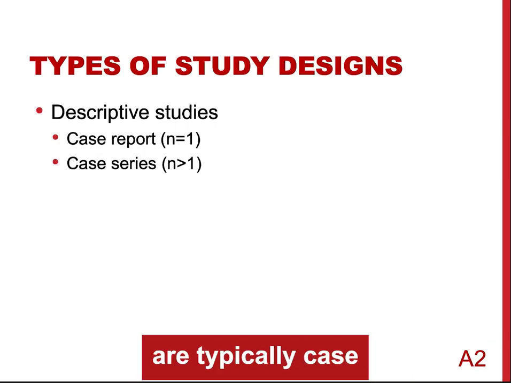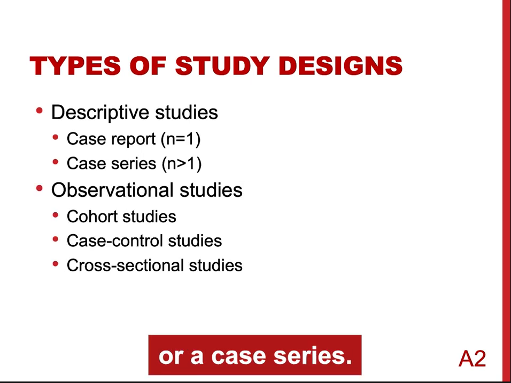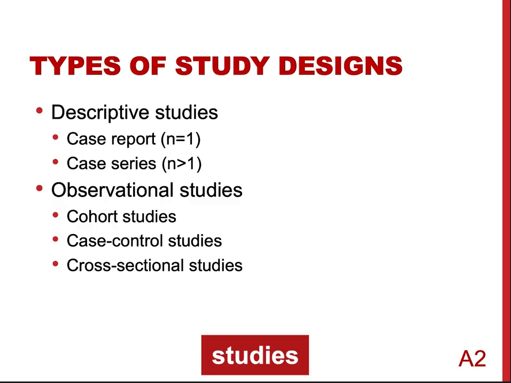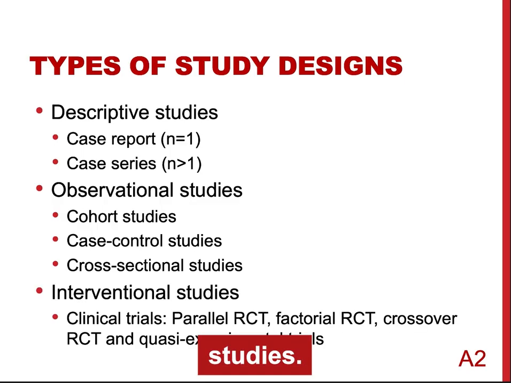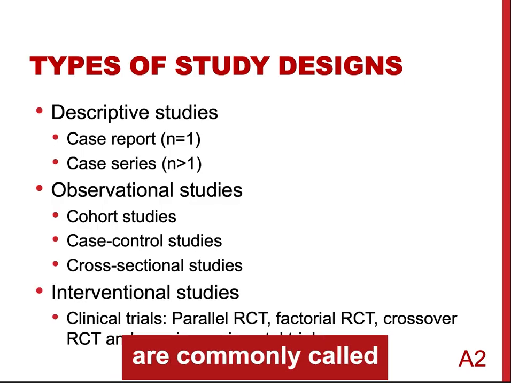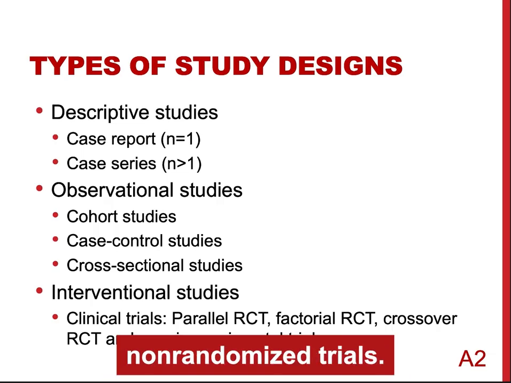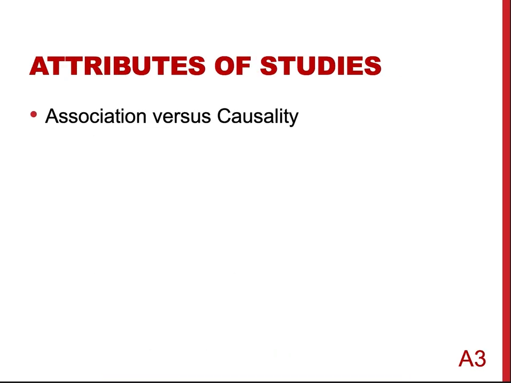Descriptive studies are typically case reports or case series. Observational studies are typically cohort studies, case control studies, or cross-sectional studies. Interventional studies are commonly called clinical trials. These include parallel group randomized clinical trials, factorial randomized clinical trials, crossover randomized clinical trials, and quasi-experimental non-randomized trials.